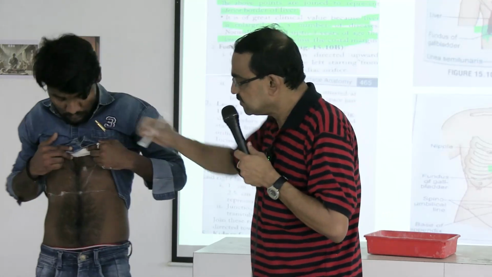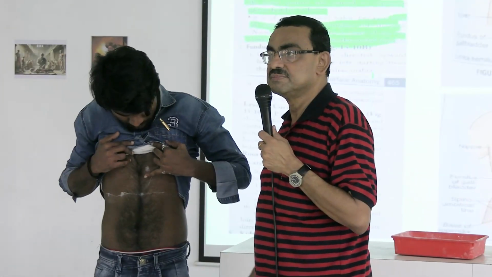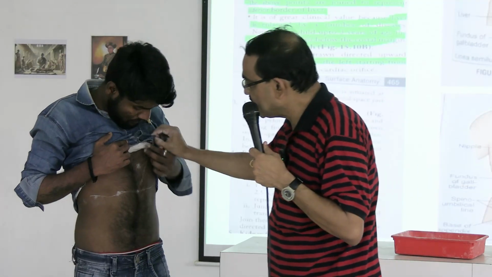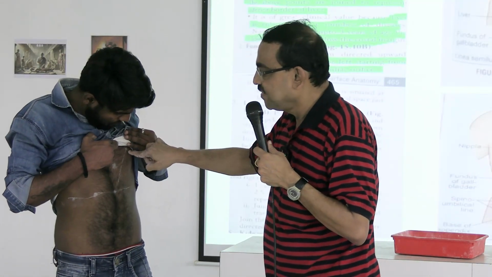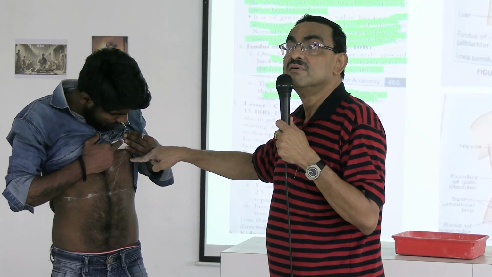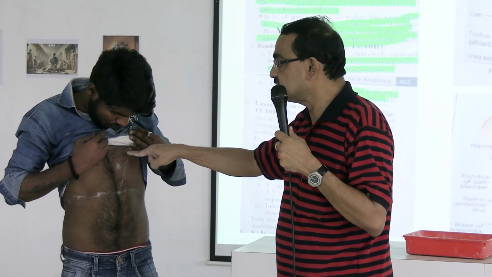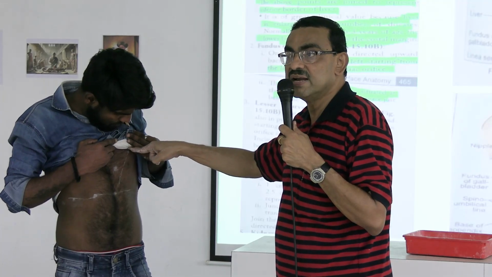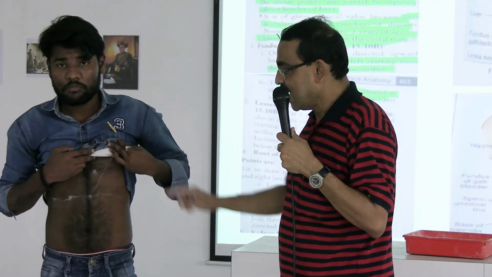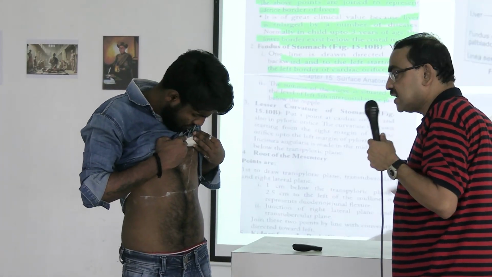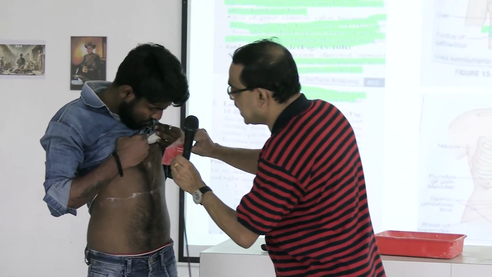So that is the cardiac orifice. The next point is the apex of the heart, that is the 5th intercostal space, 9 centimeter away from the midline, just below the nipple. And we have to draw these two points with a curved line.